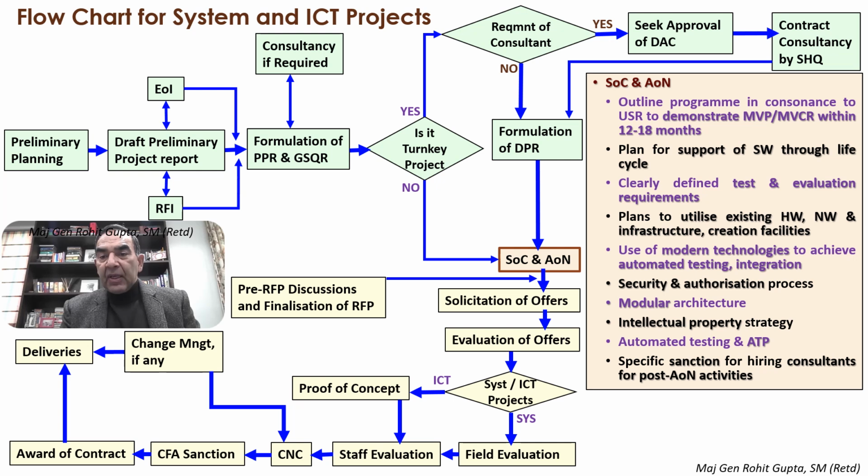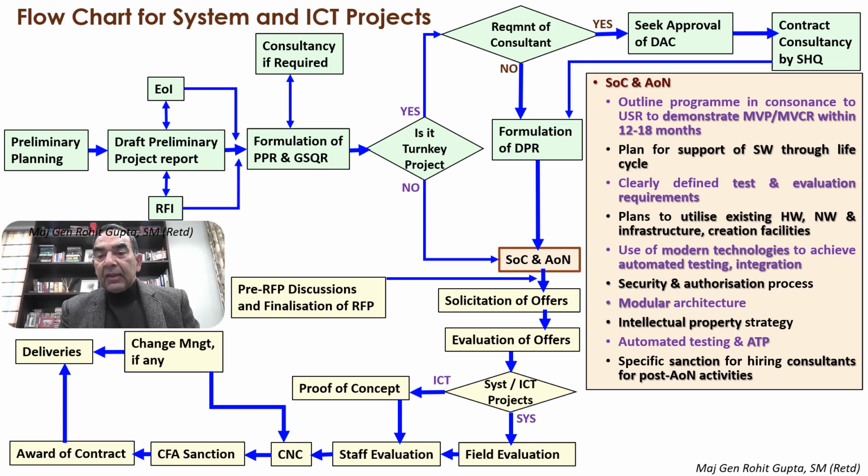An outline program in consonance with the user specific requirement is there to demonstrate the minimum viable product, or the minimum viable capability release, and this is required to be done in 12 to 18 months. Also, the software has to be supported through the life cycle, and how this will be done is included in the acceptance of necessity statement of case.